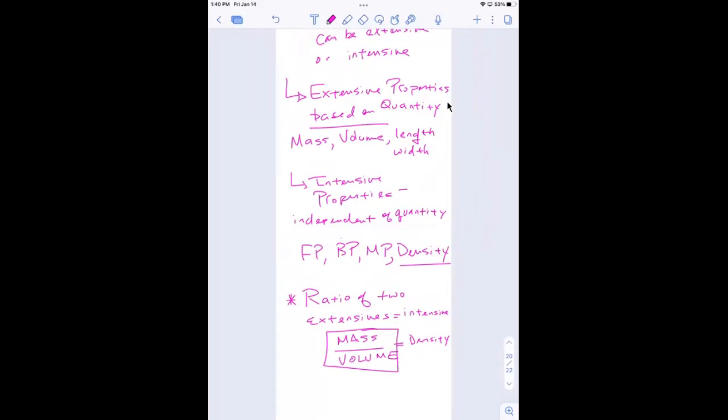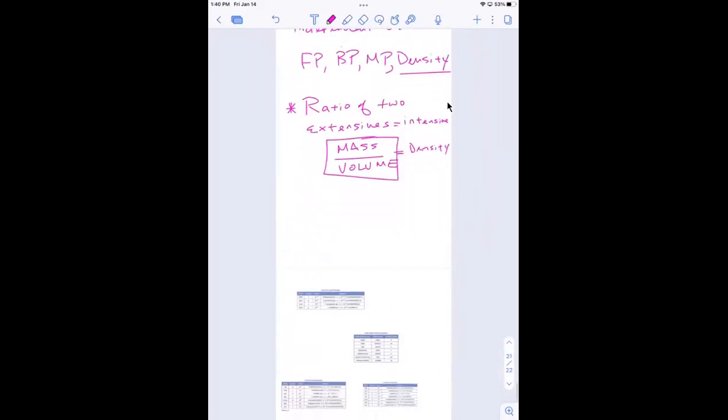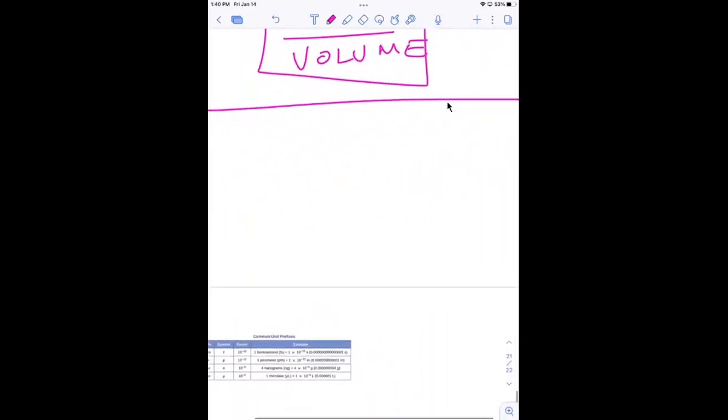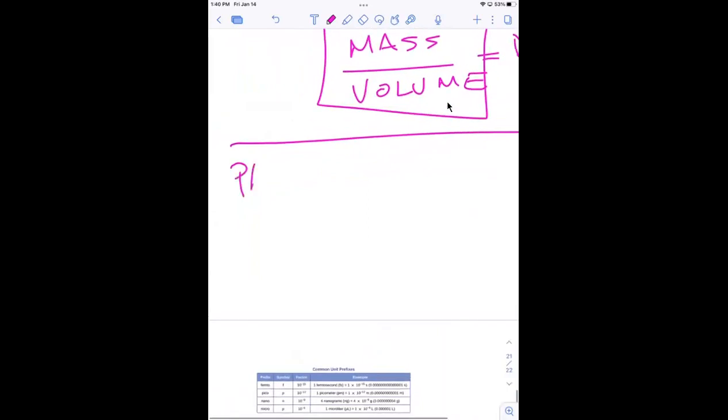All right. So we're talking about physical properties, and we can also introduce the concept of a physical change. What is a physical change? Is it anything that can be detected by your five senses?